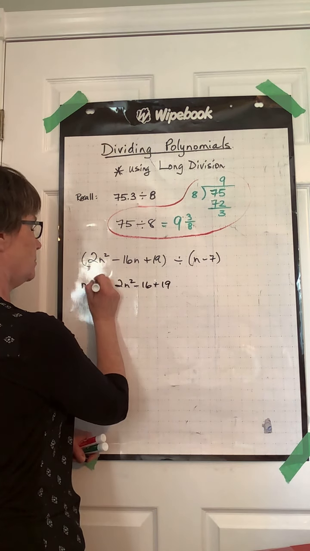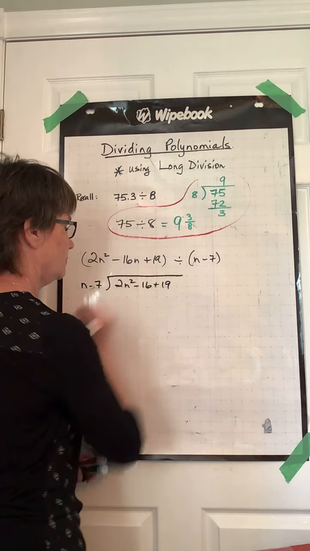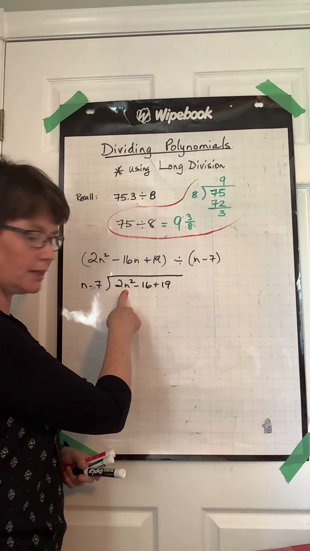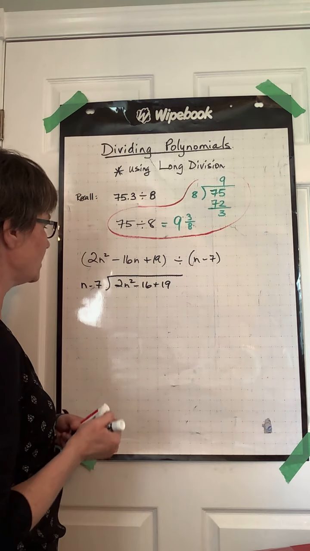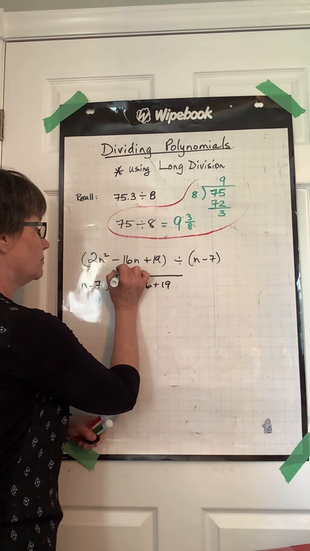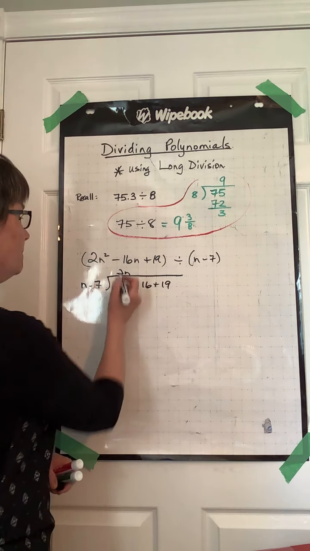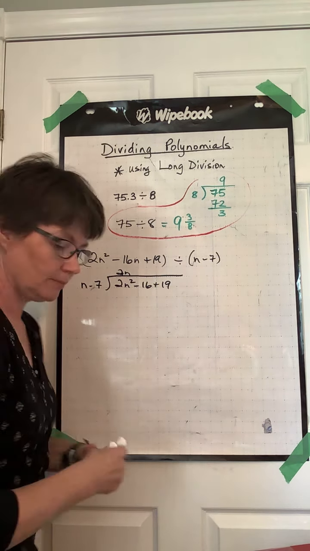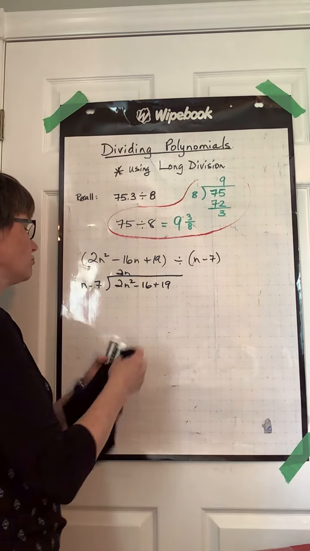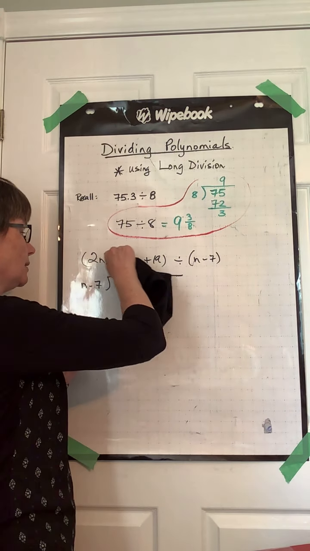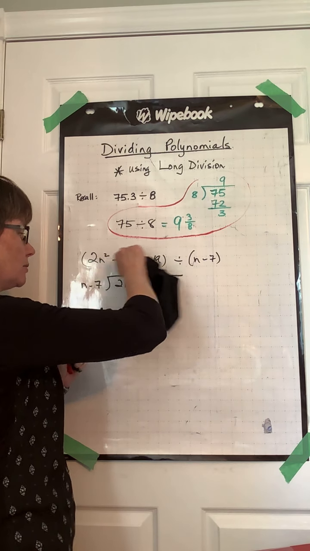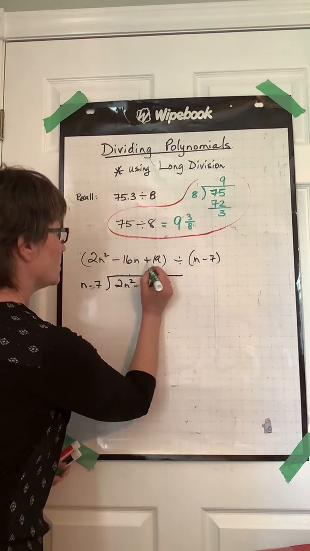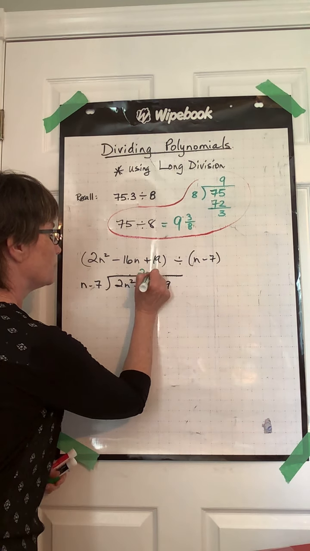Divide it by n minus 7. Okay, so n goes into 2n squared. How many times? Well, that's 2n. Okay, 2n. So, oh, and I'm not going to put it in that position. I need to put it one more position to the right because I have 2 terms here. So I need to put that on top of the second term over. So I'll put 2n here.